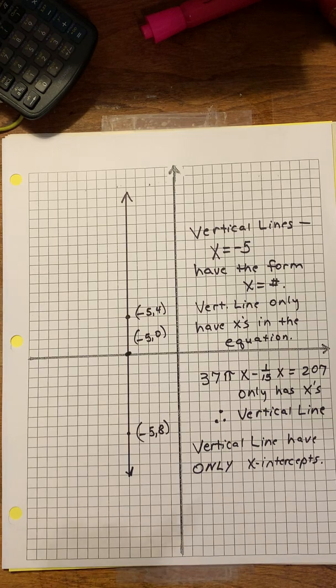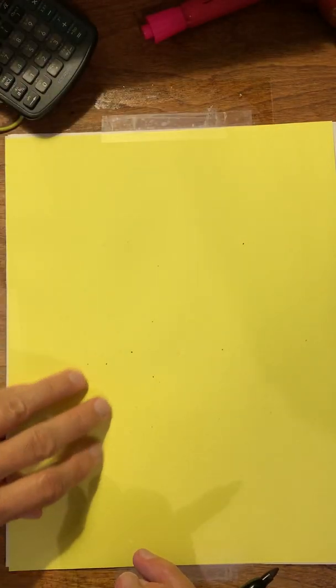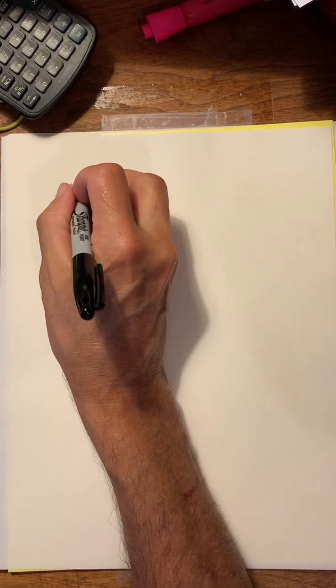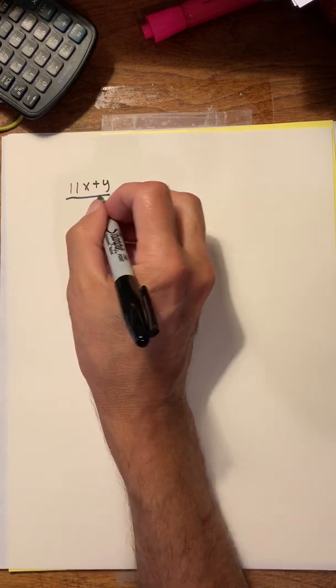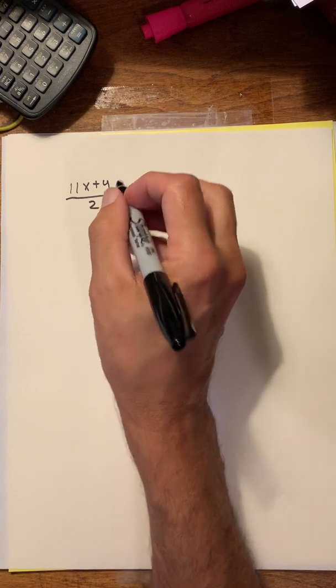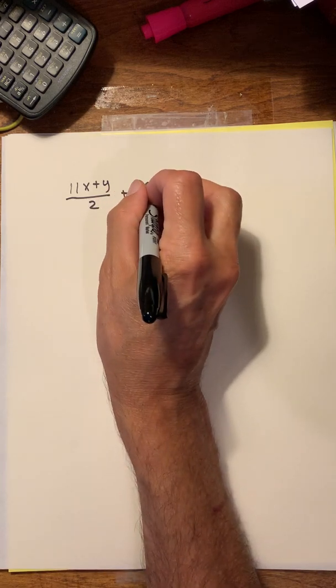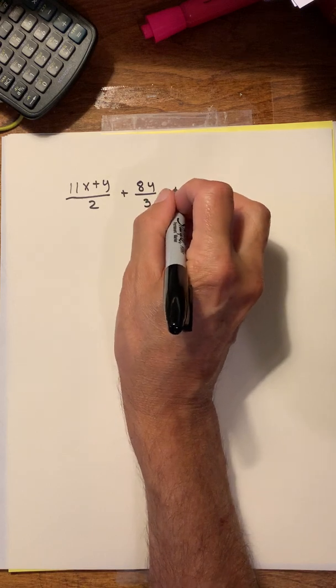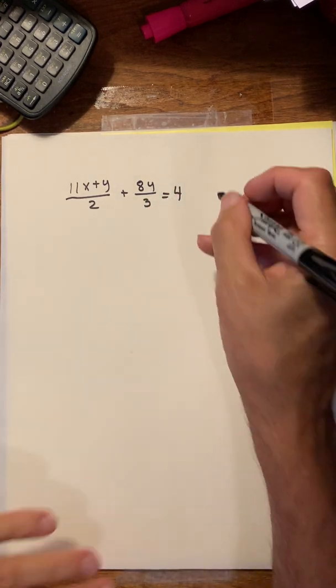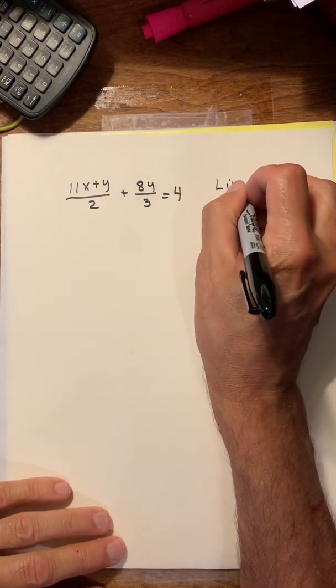All right, let's look at one more example, and then I think you'll be ready to do your Hawks work. Question: is this guy linear?